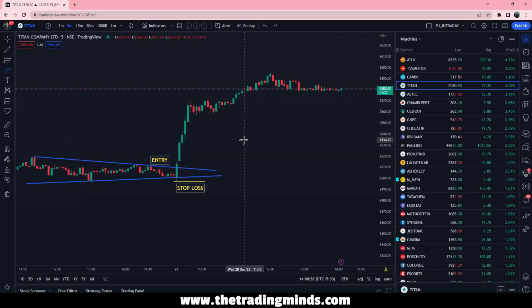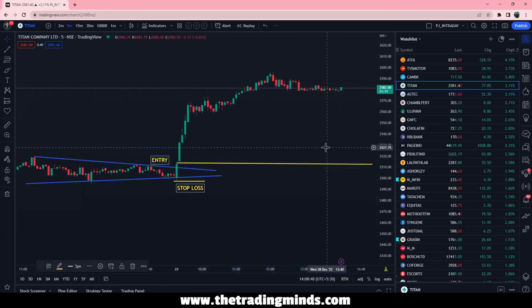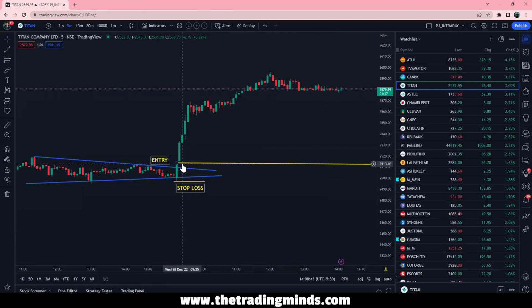So now coming to the point to discuss and decide which strike price I should choose. See exactly what I'm trying to show here. If I draw a line here, 2,512, this is the price at which I want to buy.